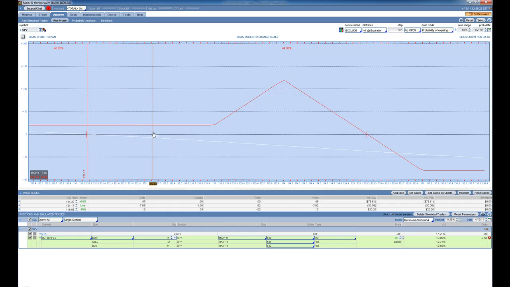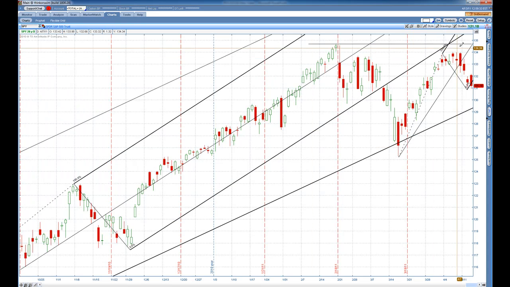So our downside risk is completely eliminated, and our upper break-even point is 135.21. If we go back to the chart, our upper break-even point is above this resistance level. So that's a little bit safer trade now. And if it goes anywhere, even down to zero, which of course the SPY is not going to do, but if it did, we're completely protected on the downside.